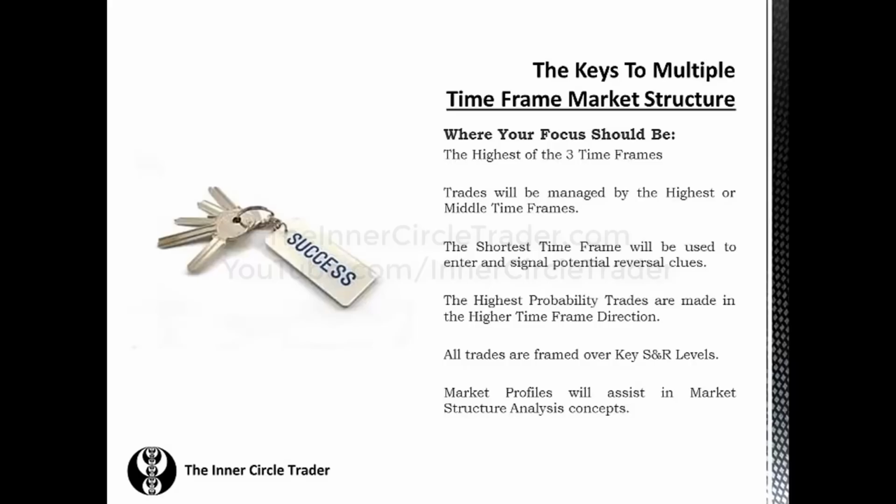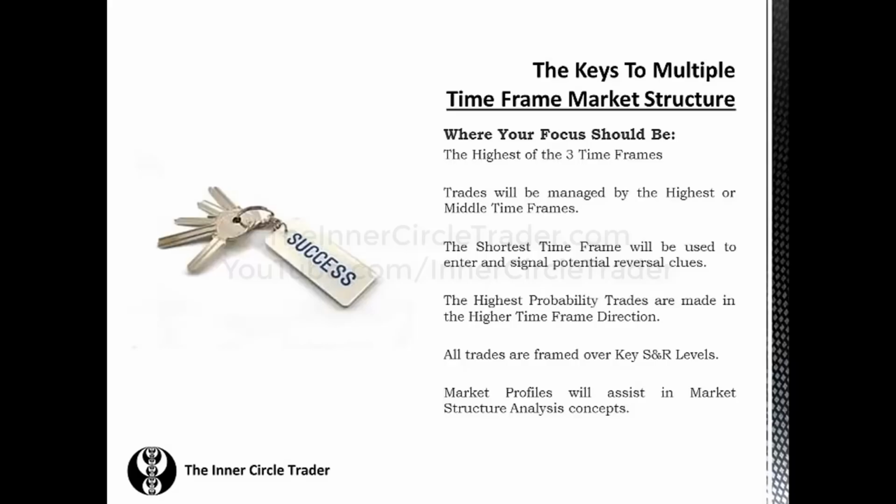In other words, if you are a swing trader, you're going to be utilizing the daily time frame to manage, or the 4-hour chart to manage your trade. But the daily is going to be utilized to facilitate the trade premise. In other words, that's going to give you your directional bias. The market structure on the daily chart is framing your swing trades.